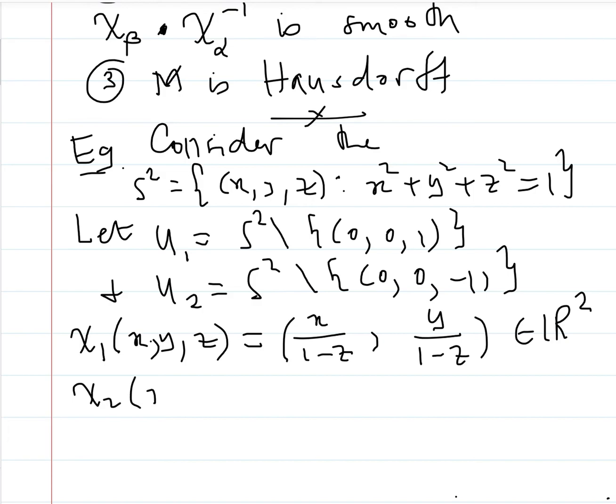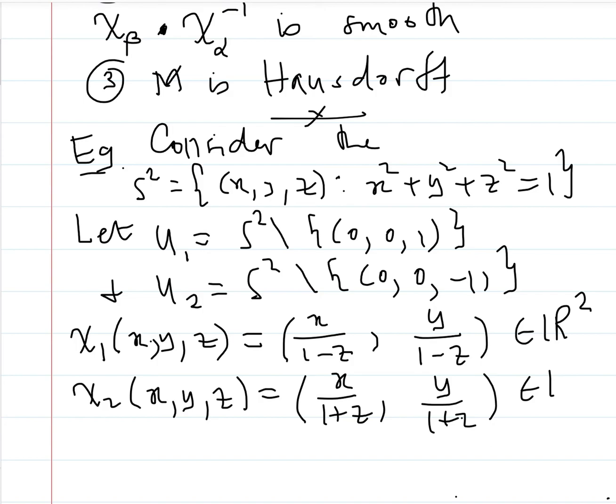Chi2 is a map on U2, and that will have the coordinates x over 1 plus z, y over 1 plus z, and that too is in R2. So chi1, chi2 goes from R3 to R2. In particular, it's clear that chi1, we are saying, goes from U1 to a subset in R2.